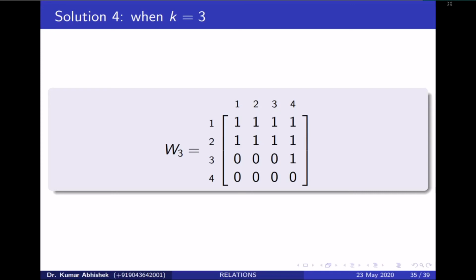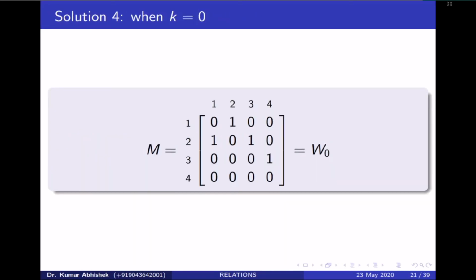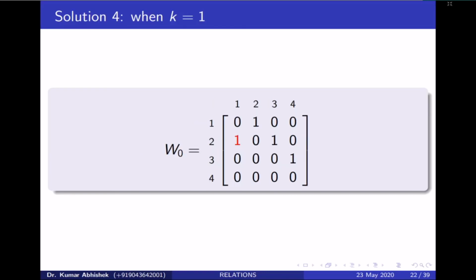And in this relation you can see that, in the algorithm which we have studied earlier in detail, this matrix W0 is our M, this matrix W1 is our M1, this matrix W2 is our M2, and this matrix W3 is our M3.